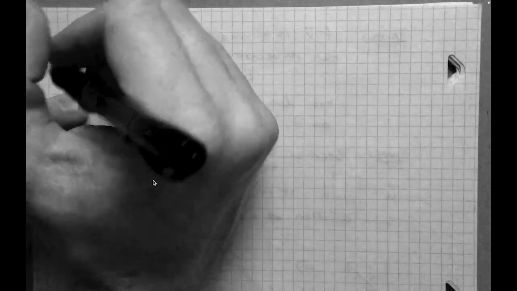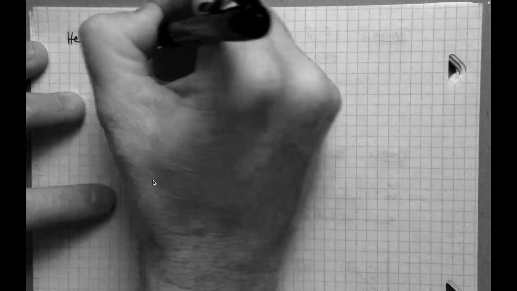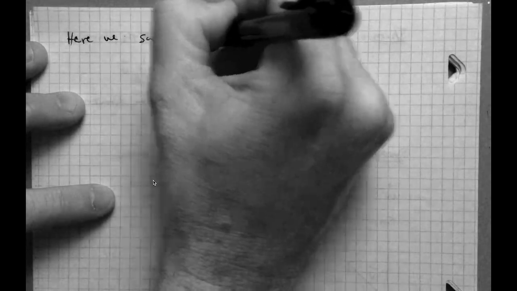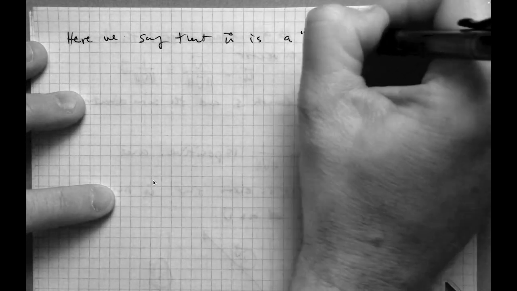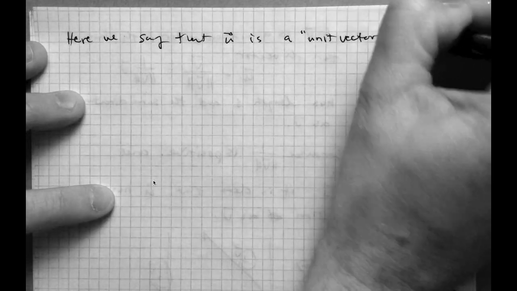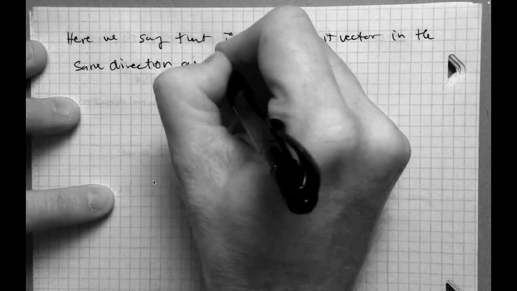I have been using this term, but when we say u has length 1, we call it a unit vector. And when it's in the same direction as another vector, we say it's a unit vector in the direction of v. So here we say that u is a unit vector in the same direction as v.